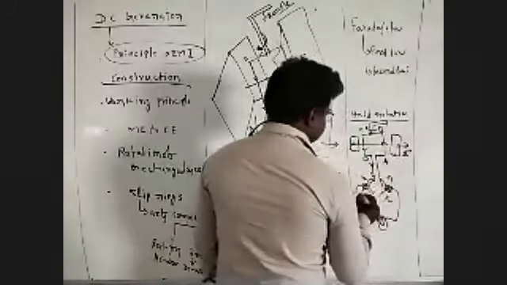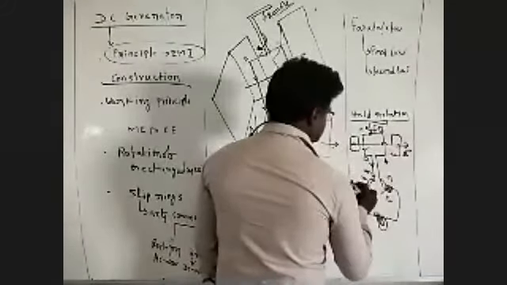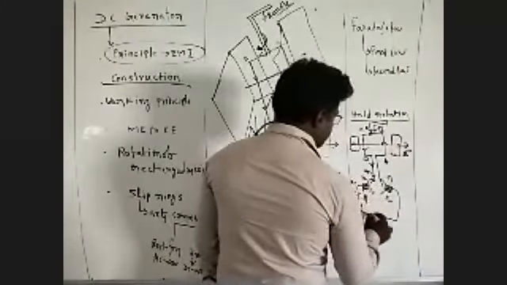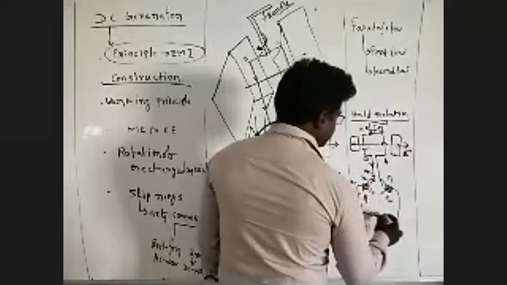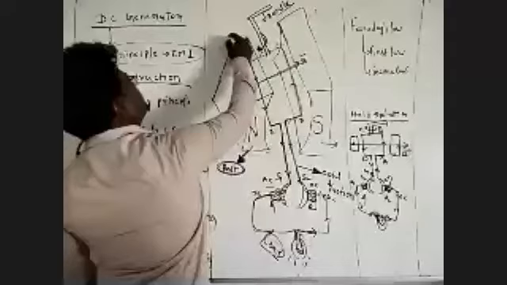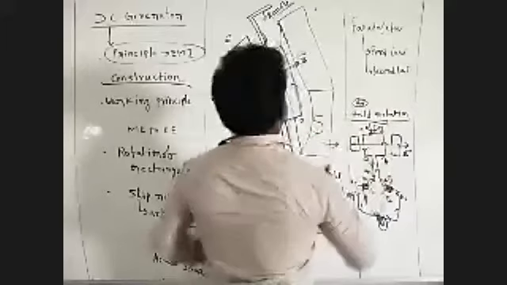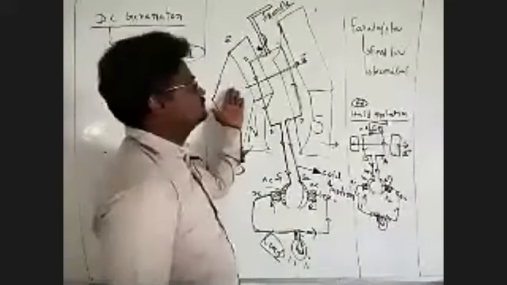Now you see, this is AC again converted to DC. This is 180 degrees, and this is 0 degrees.